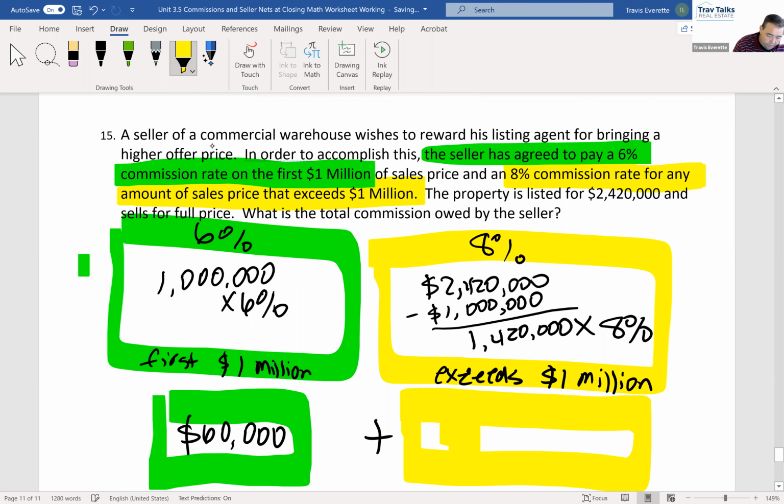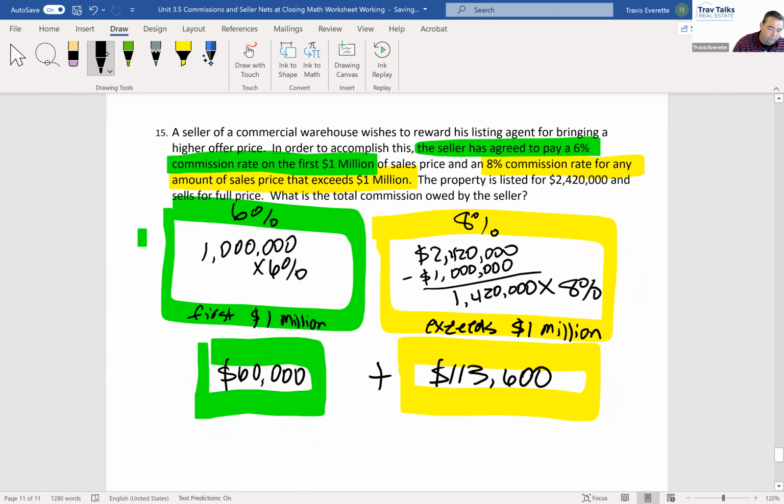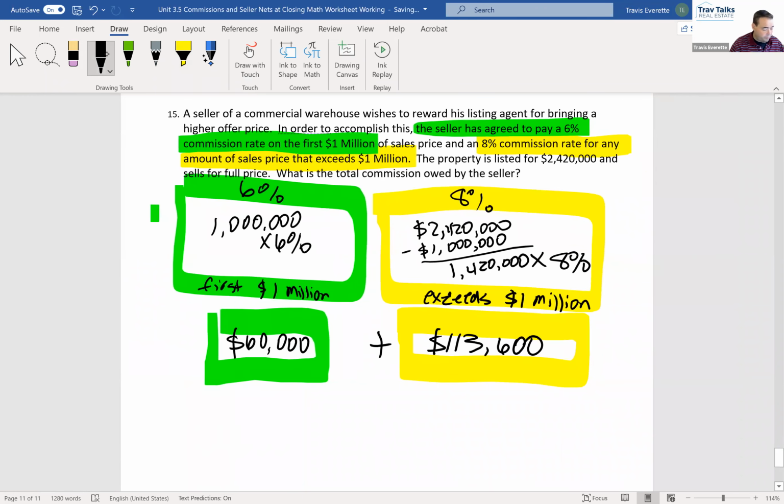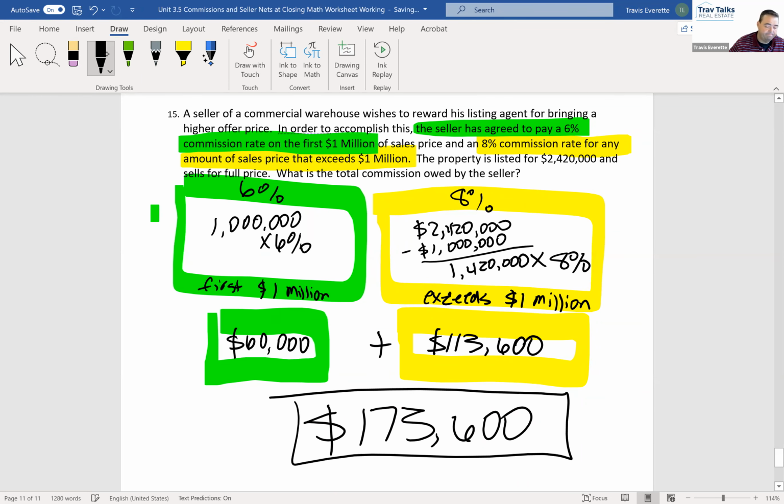That is $113,600. So if I add those together, that is a total commission of $173,600. Total commission to the seller.